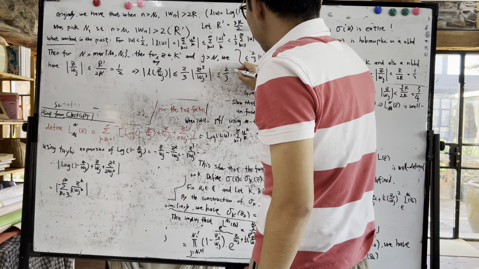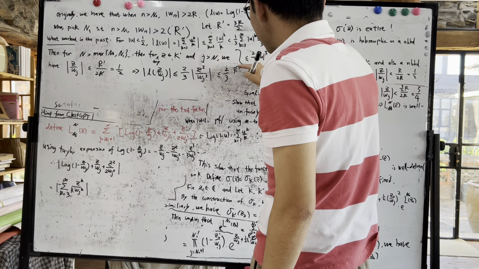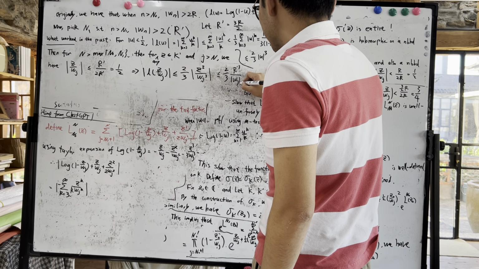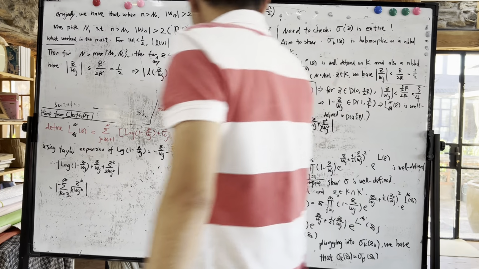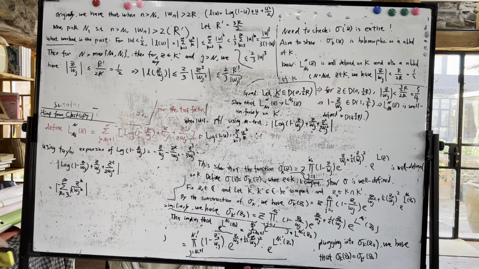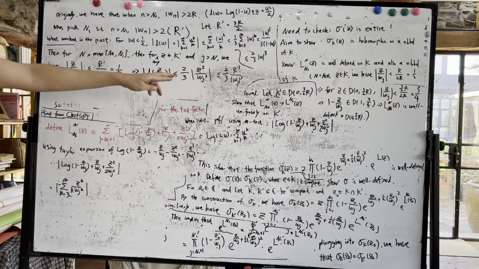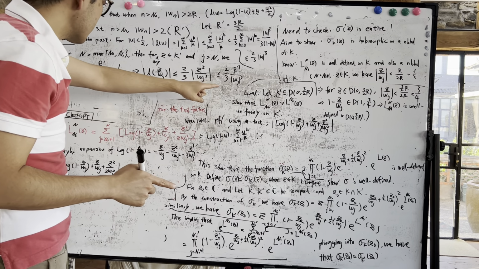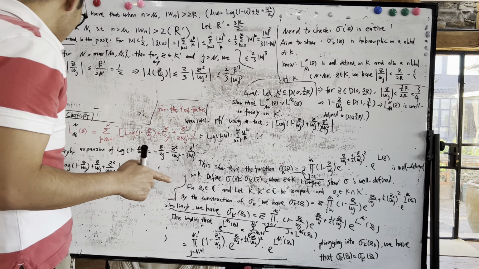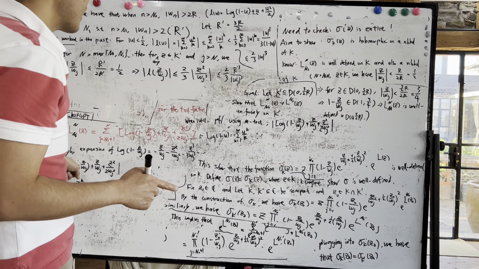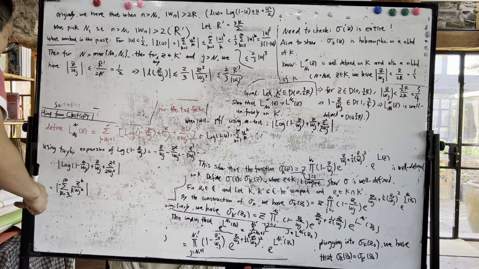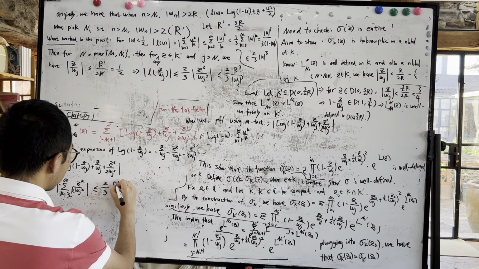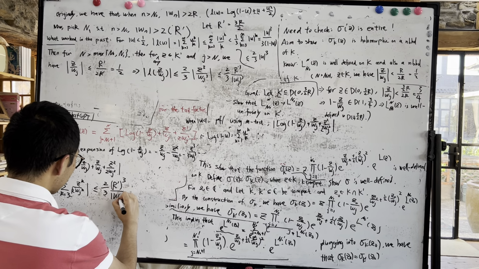So z basically can be bounded by this r prime cubed over modulus of omega j cubed. Now we have the factor omega j cubed, so we can just reproduce the previous argument. This is the upper bound for the modulus of this guy, less than or equal to 2 over 3 times r prime cubed over modulus of omega j cubed.